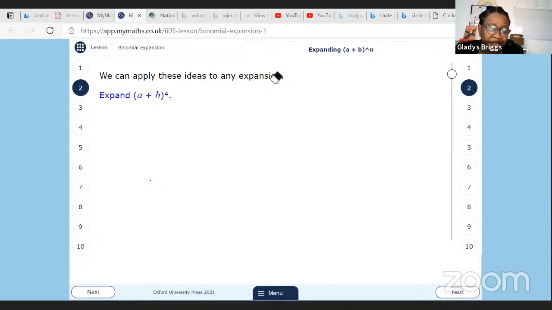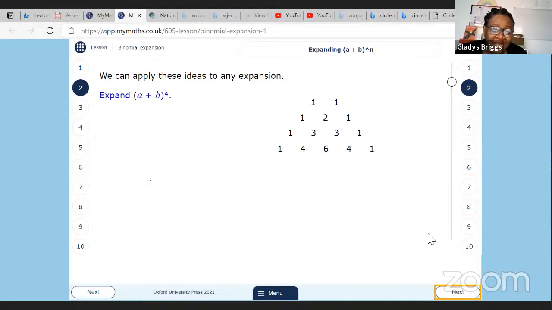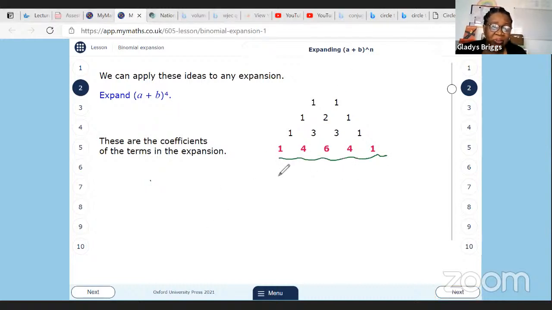Now that we know how to do the expansion, okay, so let's see how we do it. We use Pascal's triangle to help us. We know that it's to the power of 4, so we are going to be dealing with the 4th row in the Pascal's triangle because it's to the power of 4.